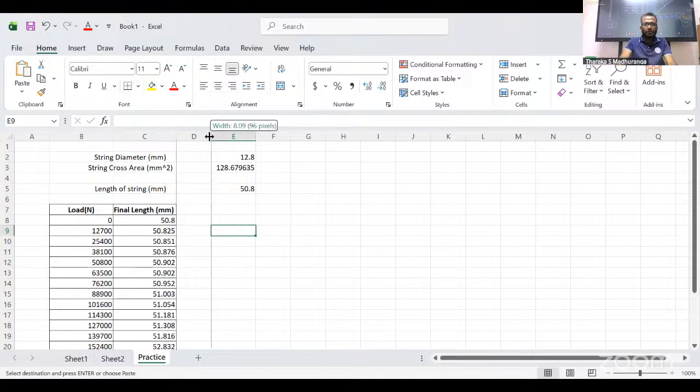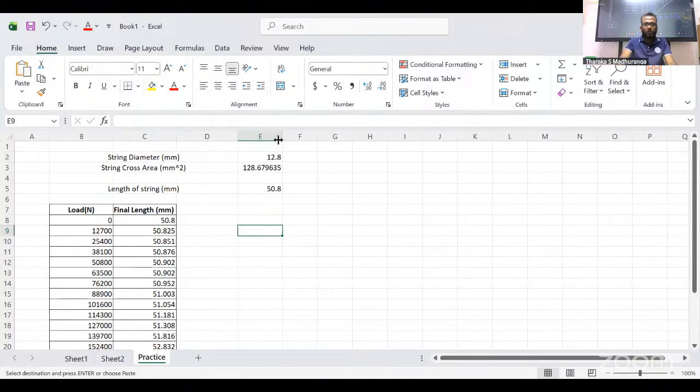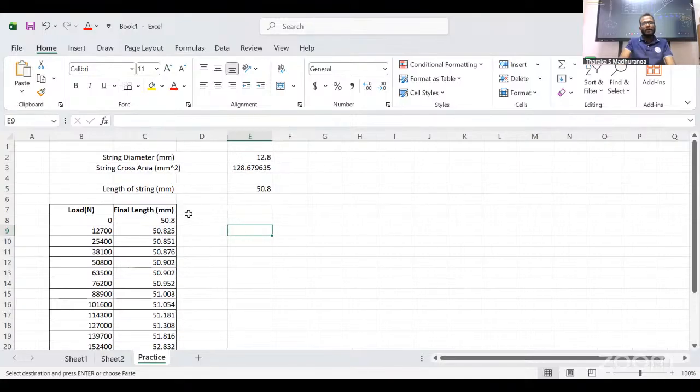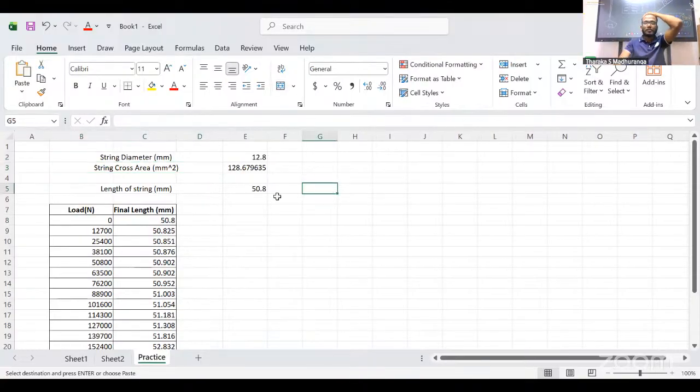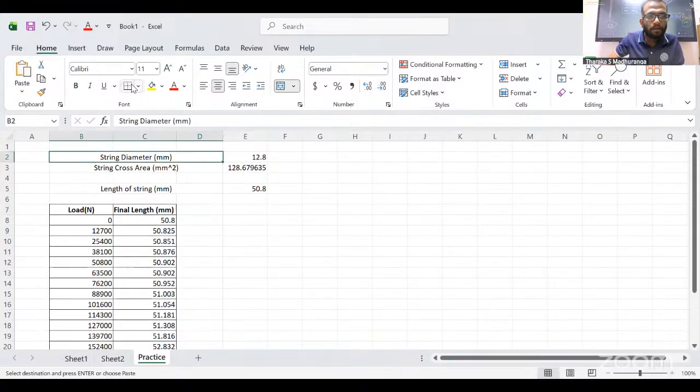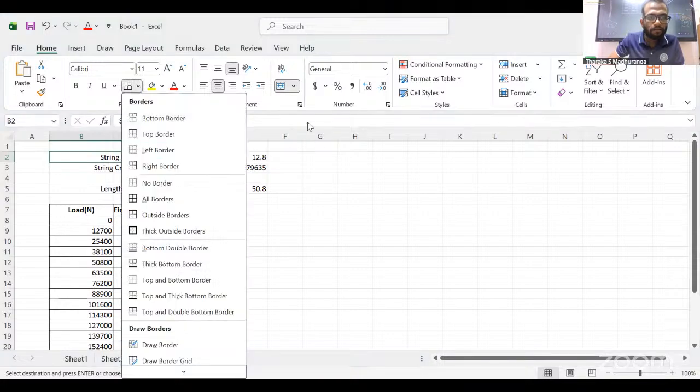Now, in our practical, the other thing is, if you want to get a border, this is a way.